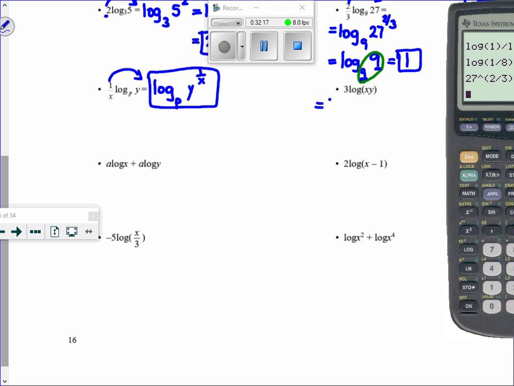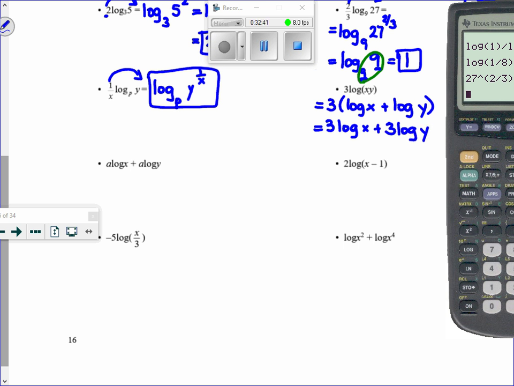So for now, I'm going to just leave this 3 out here. This log of x times y is the same thing as log x plus log y. Now, if I multiply that 3 in there, I've really got 3 times log x plus 3 times log y.